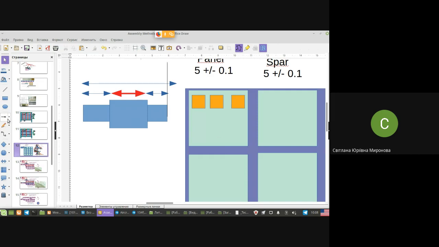The difference between the real size and the size given in a drawing is called error. So tolerance may be understood as upper limit and lower limit of sizes, or as maximum and minimum error. Actually, maximum plus error and maximum minus error, positive and negative.